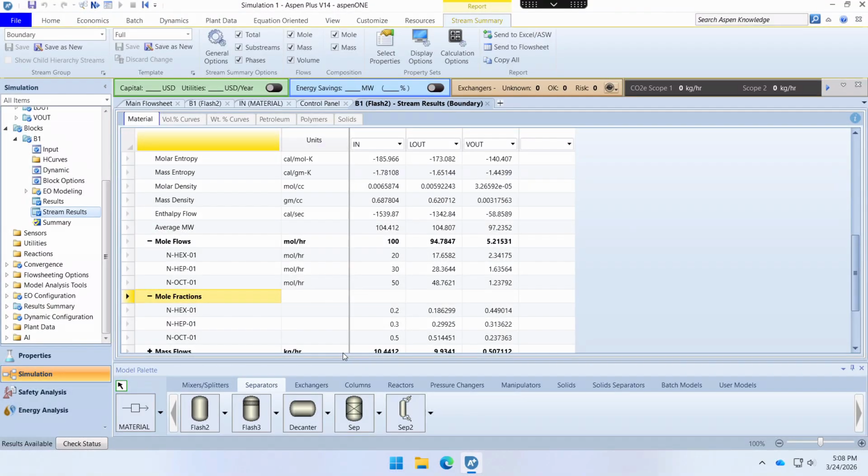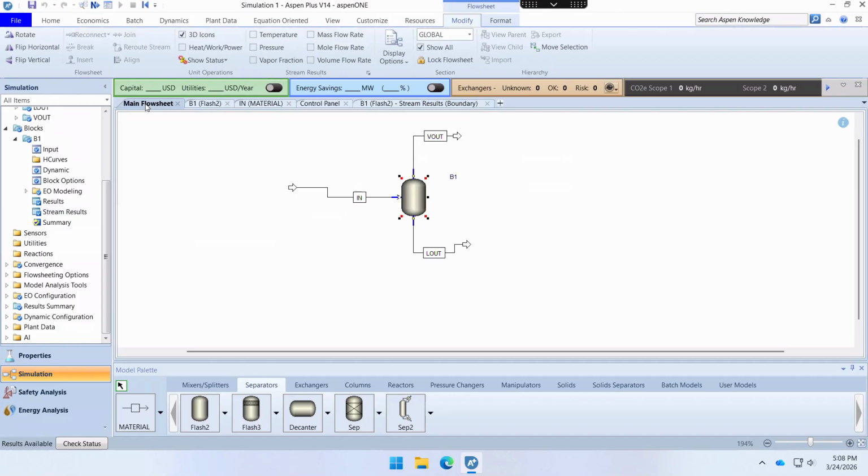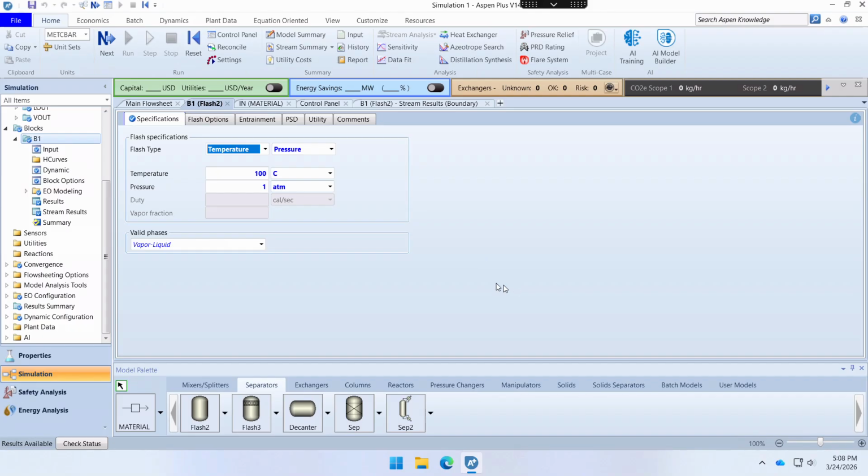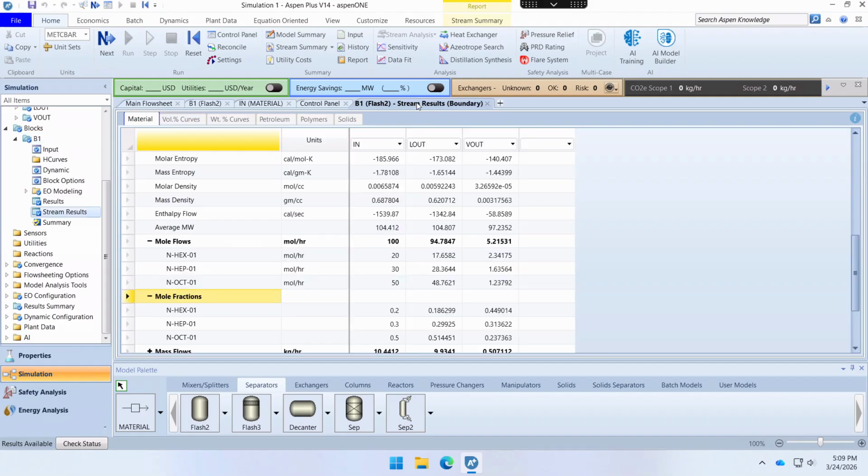I'm going to start with something that I think is sort of the best way to initially learn, right? I think what I'm going to do is just fiddle with the temperature. Remember, if you look at the results summary, when we set it to be 100 degrees Celsius, what we got was mostly liquid.